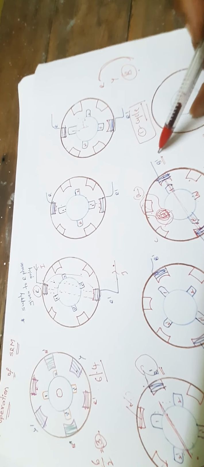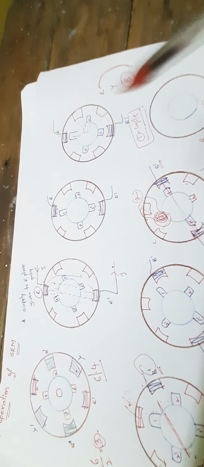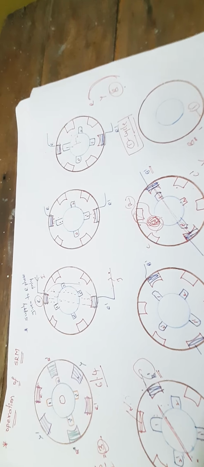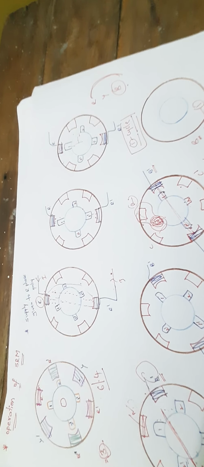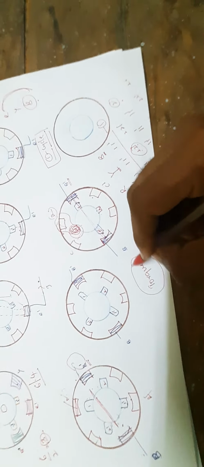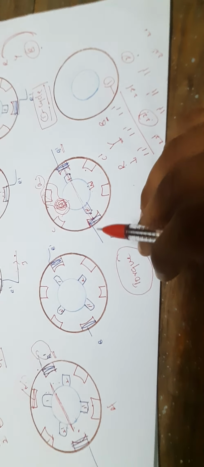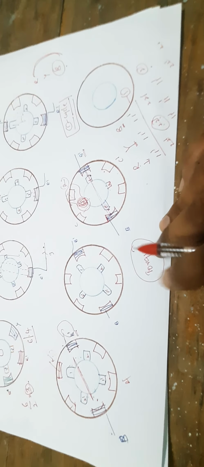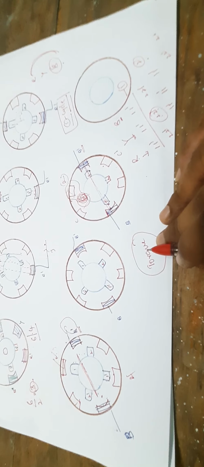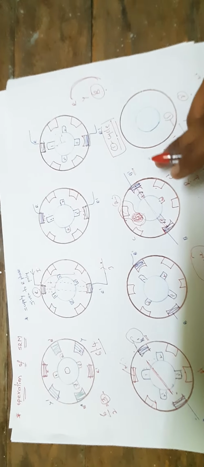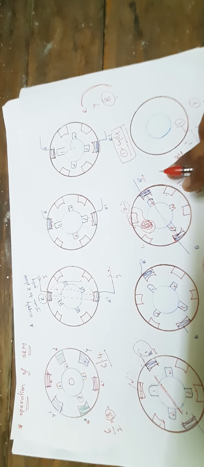The rotor is attracted, it completes one cycle, and similarly it completes the rotational process. This is produced as torque. Twisting force is called torque. This is the principle of operation of the switched reluctance motor.